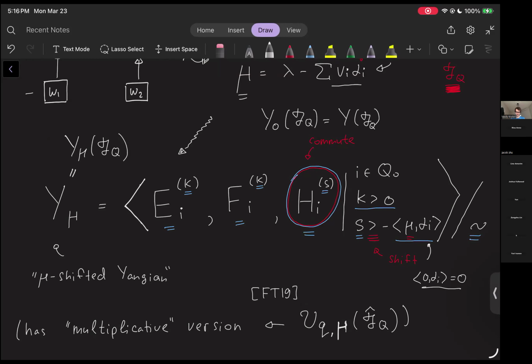Then the next question is: conventionally the Drinfeld Yangian is a quantization of some Lie algebra, so what should one modify in order to get a shifted one? Very good question. We will get to this in a couple of minutes, I think.